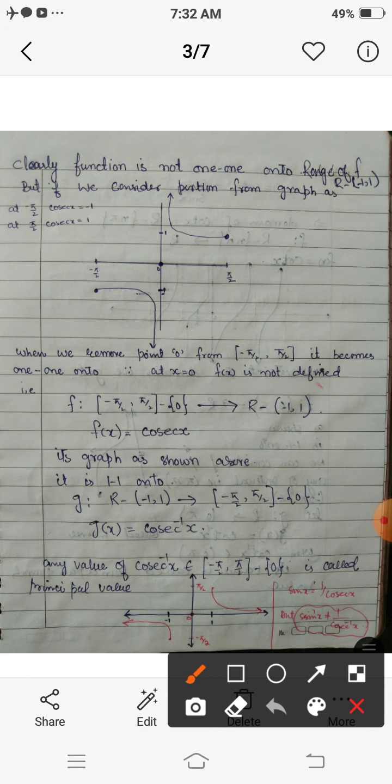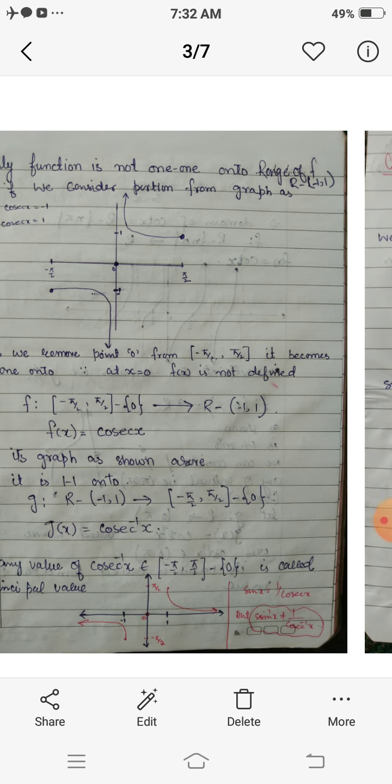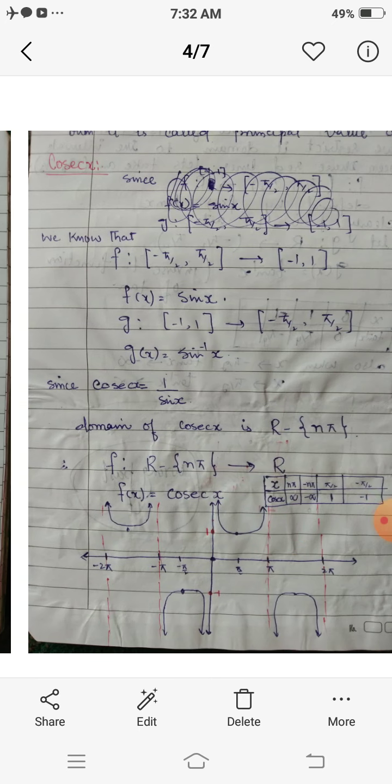Cosec inverse is the function from R minus the interval (-1, 1) to the interval minus π/2 to 0, and its graph is like this, and these curves are simply called the principal branches, and the value in this interval is called the principal branch value.